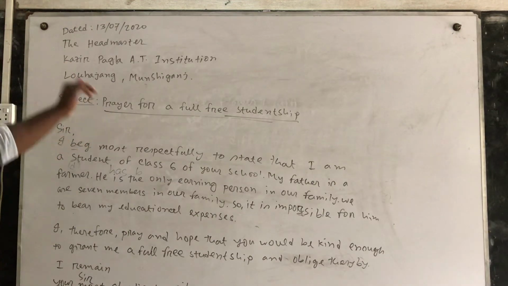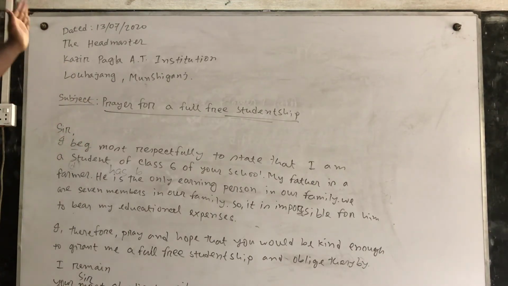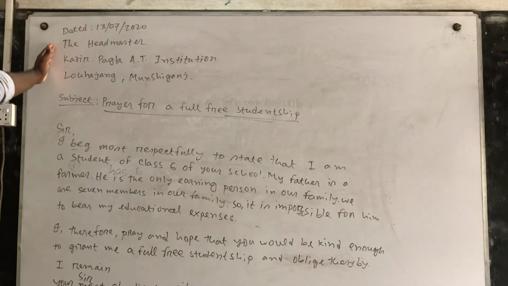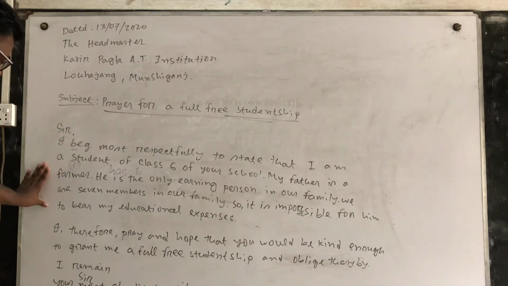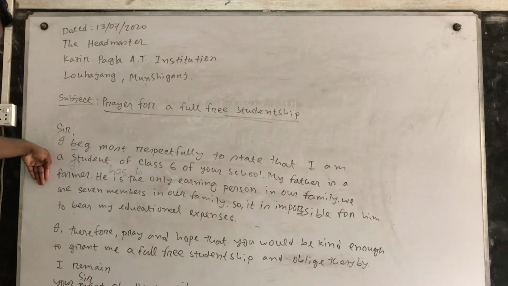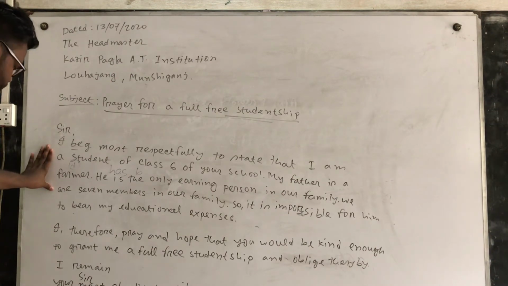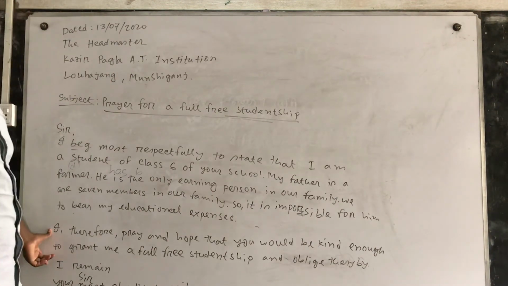So if I recap the technique of writing an application in short, at first we will have to write a heading, then the subject, then the main information, then the concluding part of an application.